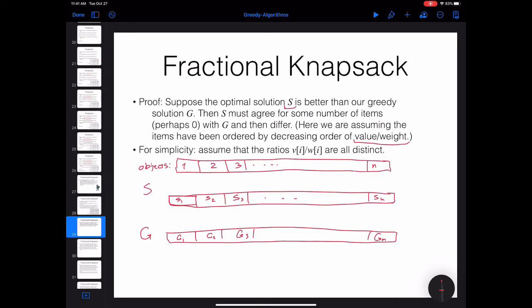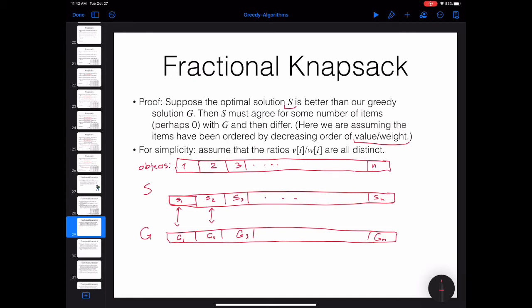Okay, if you compare these amounts, S1 and G1, S2 and G2, if we are saying that the optimal answer is different from the solution that the greedy strategy gave me, it means that there should be some differences between these amounts, right? Either between S1 and G1, or between S2 and G2, somewhere there should be some differences.